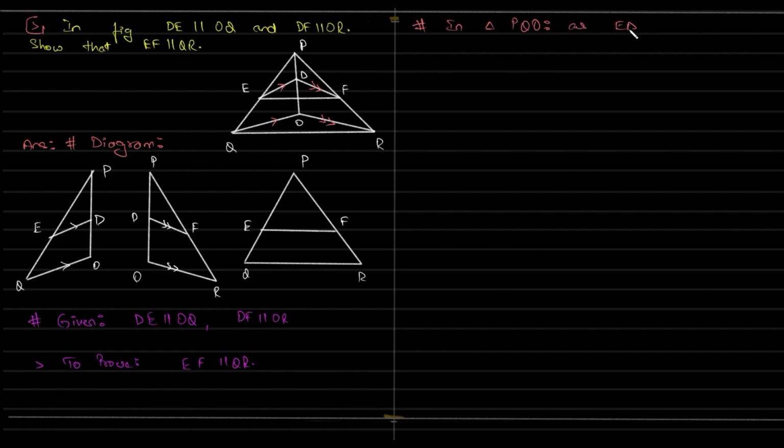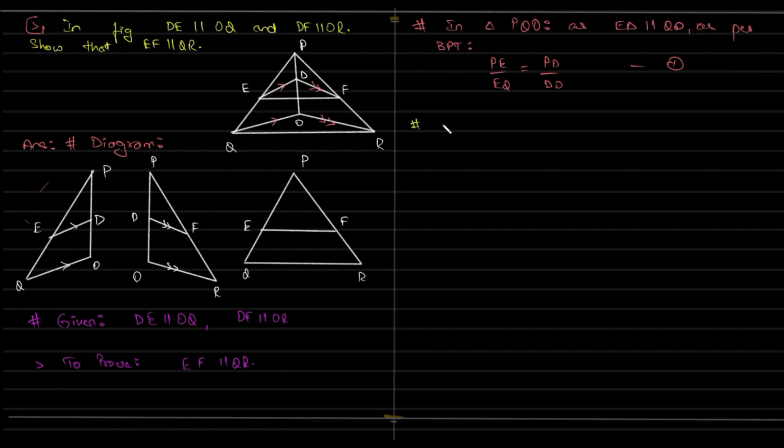As ED is parallel to QO, as per BPT, we can conclude that PE by EQ is equal to PD by DO. We'll call this equation 1.